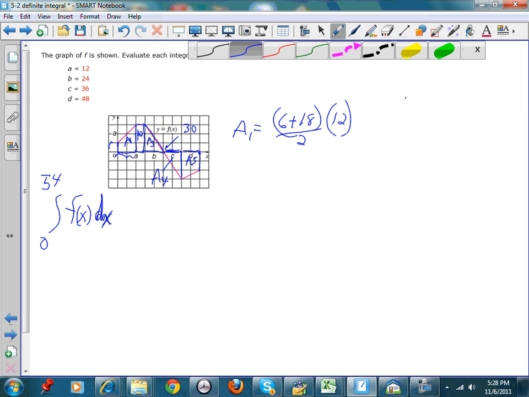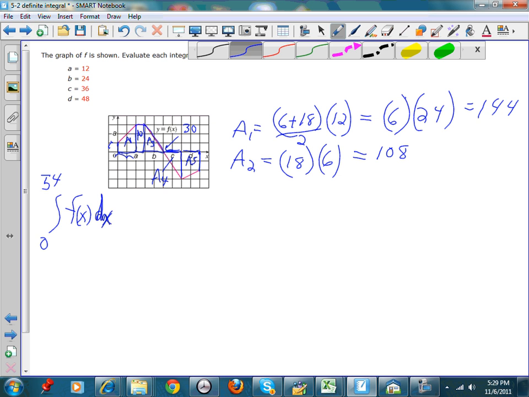So that trapezoidal A1 here looks like it's going to be 12 times 12. I'm saying that's 144. Okay, what's A2? Well, A2 is just a rectangle of height 6, width 18, so 18 times 6 equals 108.